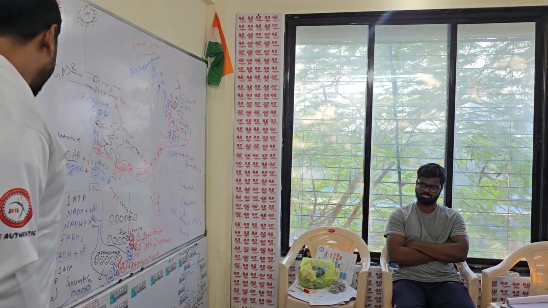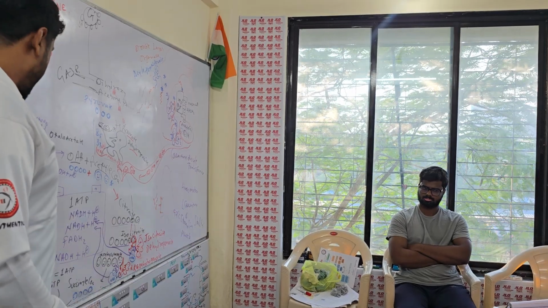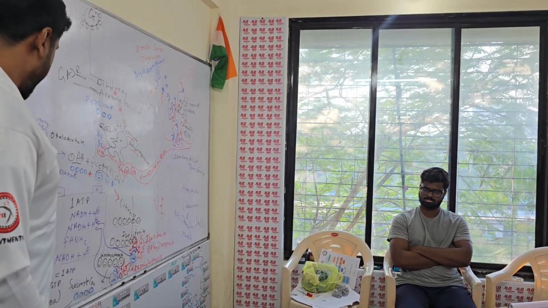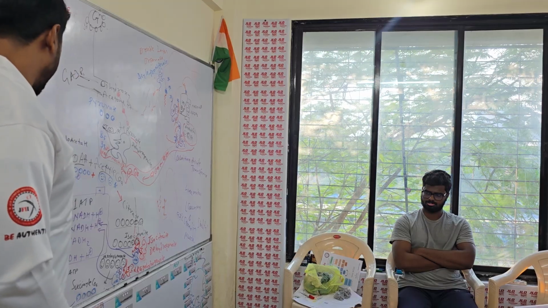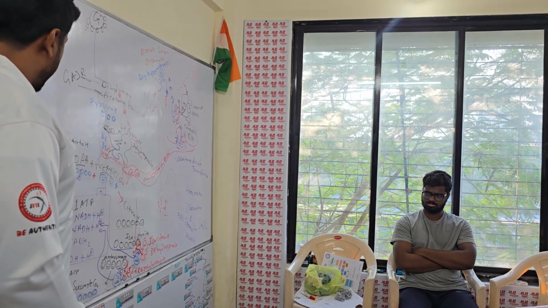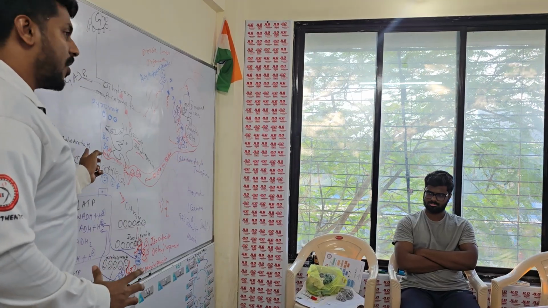From succinate it is converted to fumarate by another enzyme, and now no carbon is lost, but the hydrogen is captured by B2, FAD, and it becomes FADH2, which is also stored. After fumarate, it becomes malate, and from malate it becomes oxaloacetate again.